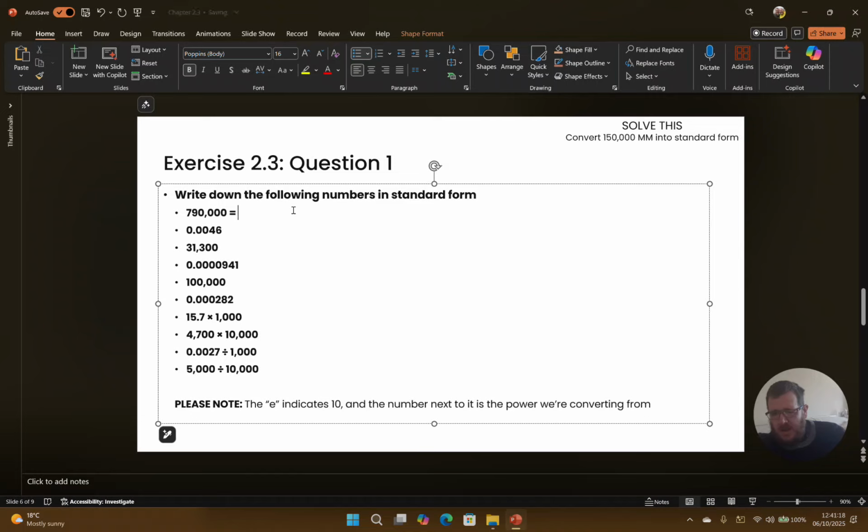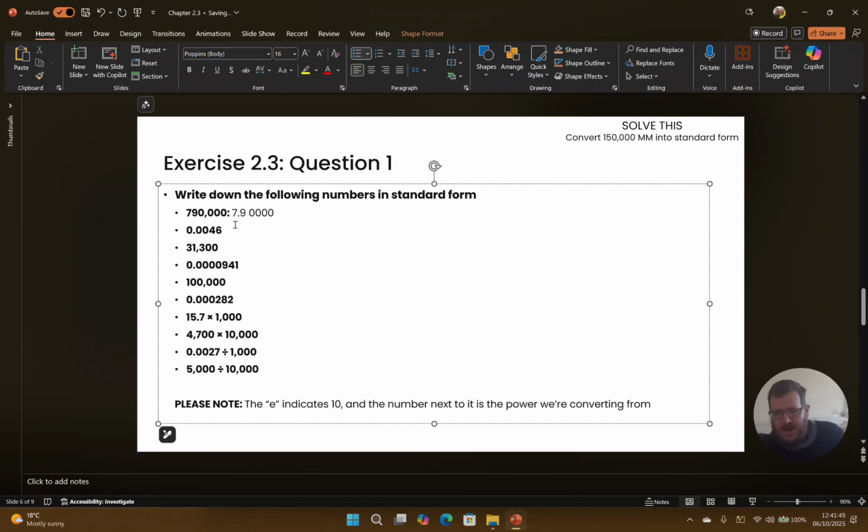So let's have a look at 790,000. With that being said, we have 4 zeros. So write down the number between 1 and 10, which in this case is 7.9.